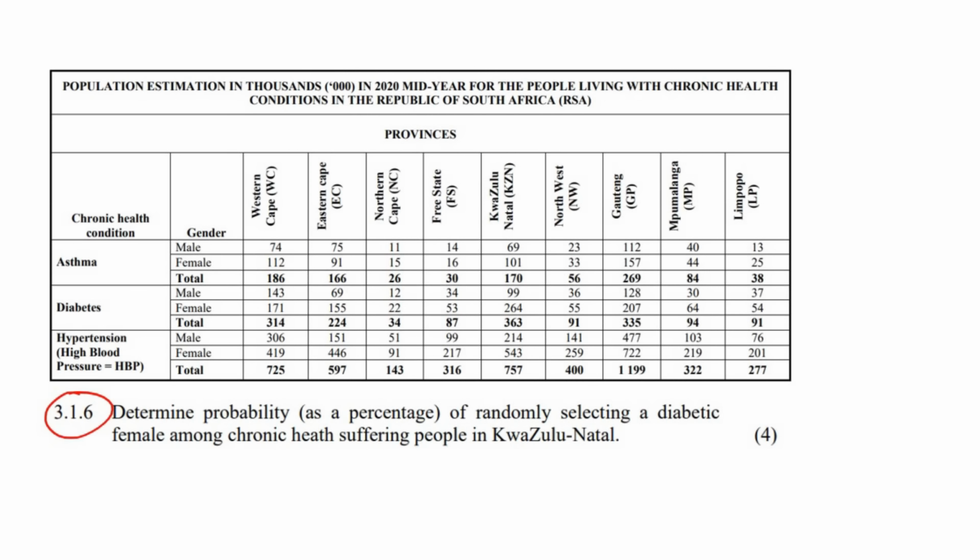Okay, now this question says, determine the probability as a percentage of randomly selecting a diabetic female among chronic health suffering people in KwaZulu-Natal. You might need to read that a few times, but it says determine the probability of selecting a diabetic female. Now, who are you choosing from? Are you choosing from everyone? They said among all the chronic health suffering people, so that's asthma, diabetes, and hypertension, in KwaZulu-Natal.